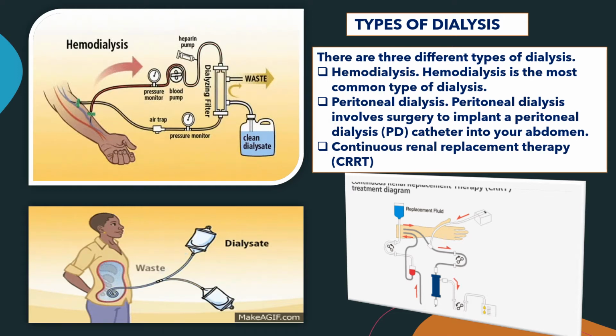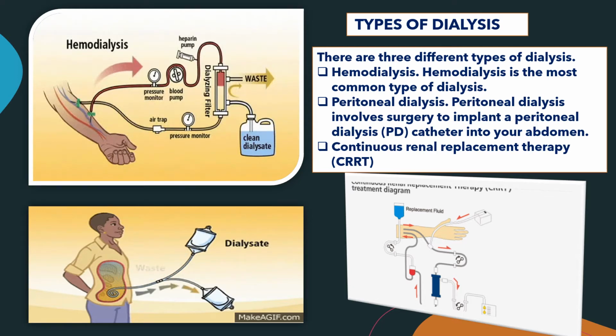Next one is peritoneal dialysis. Peritoneal dialysis involves surgery to implant a peritoneal dialysis or PD catheter into your abdomen. So in the second diagram, you can see this process, that is peritoneal dialysis.